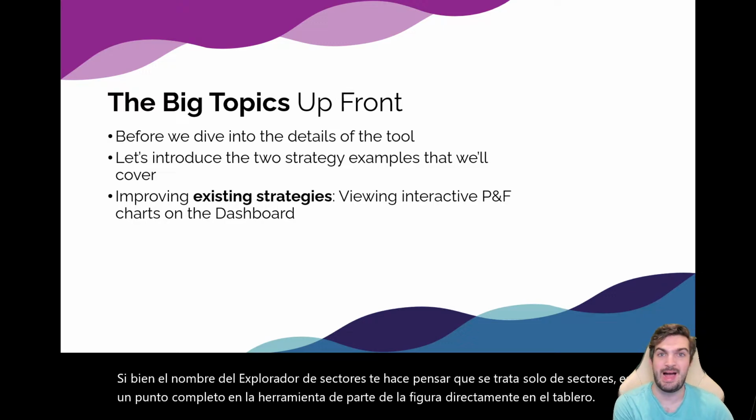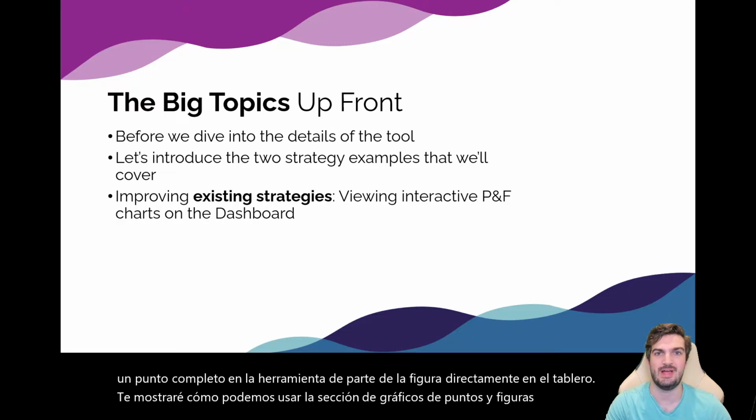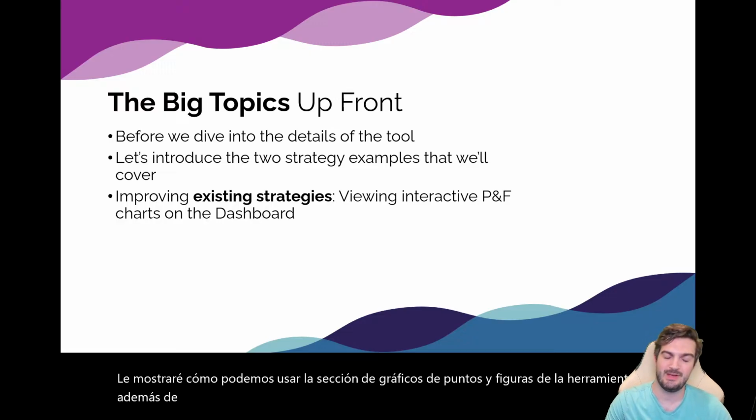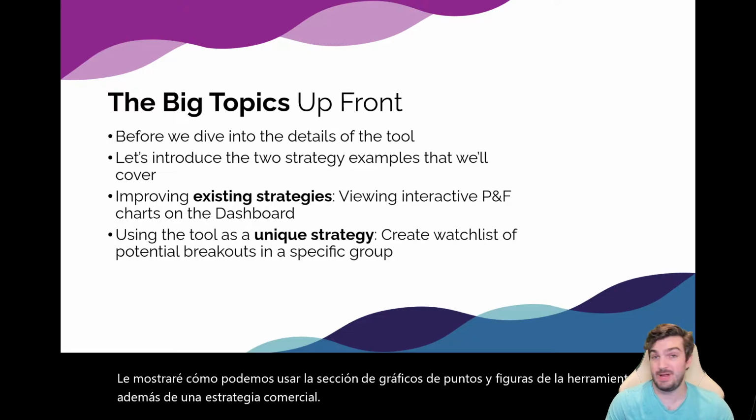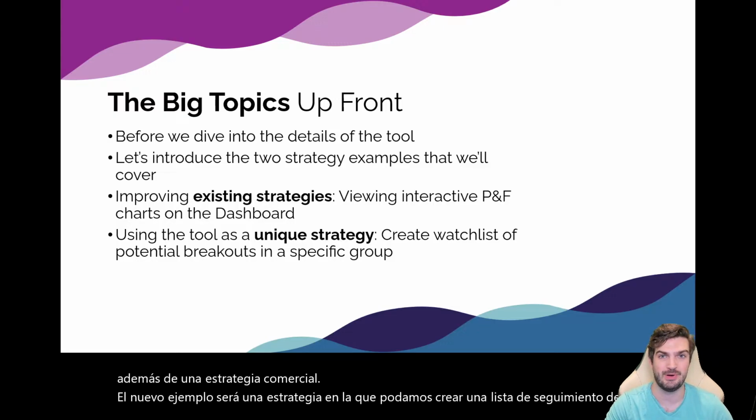So I'll show you how we can use the point and figure chart section of the tool in addition to a trading strategy. The brand new example is going to be a strategy where we can create a watch list of potential breakouts within a specific group of companies.